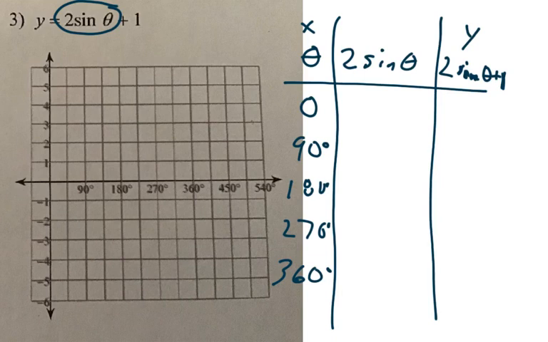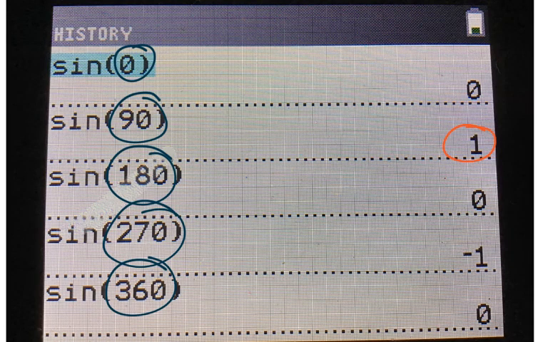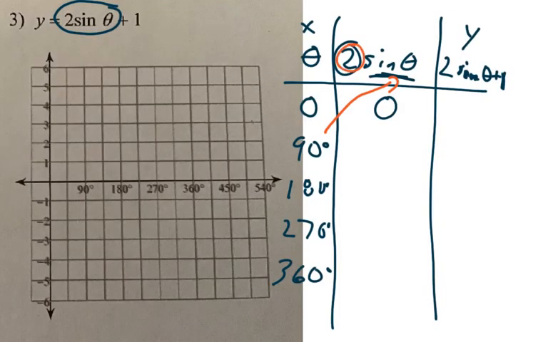Okay? Now, remember the sine of 0 is 0, times 2 would be 0. When I plug 90 in there, the sine of 90, remember, is 1, times 2 is 2.